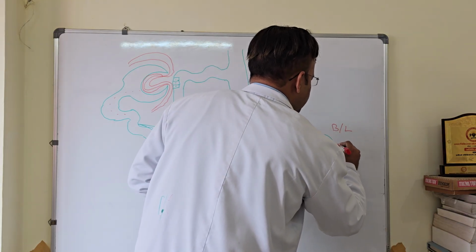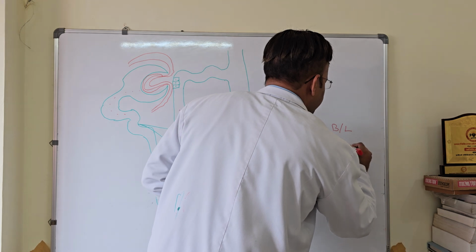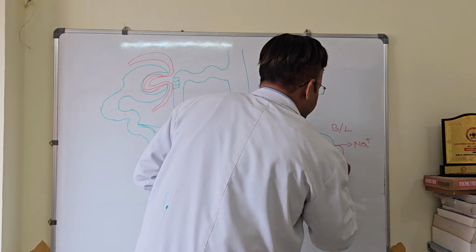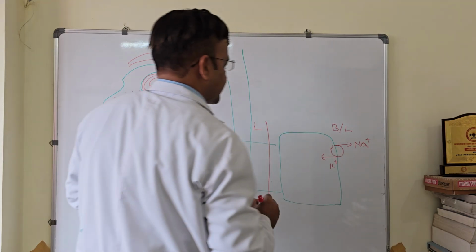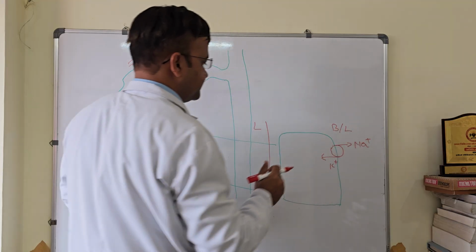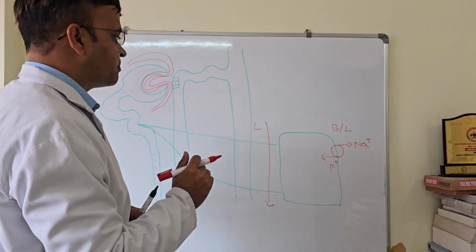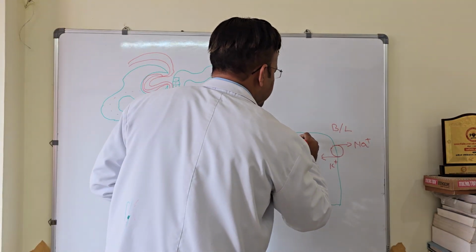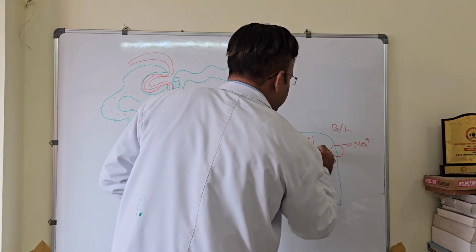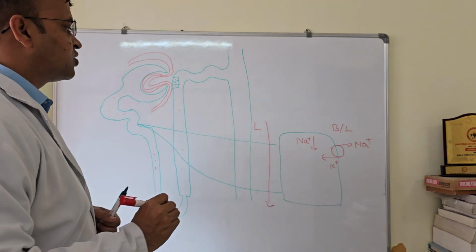We are going to have a sodium potassium pump, which will pump sodium outside and potassium inside, right? Since the sodium is being pushed outside because of the sodium potassium pump, what we are going to get over here is that the sodium level will be less, right? Now there is a gradient.